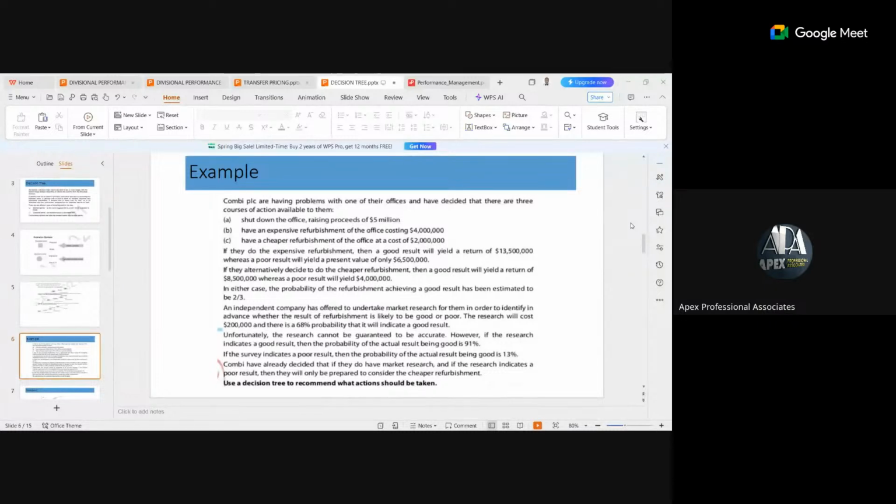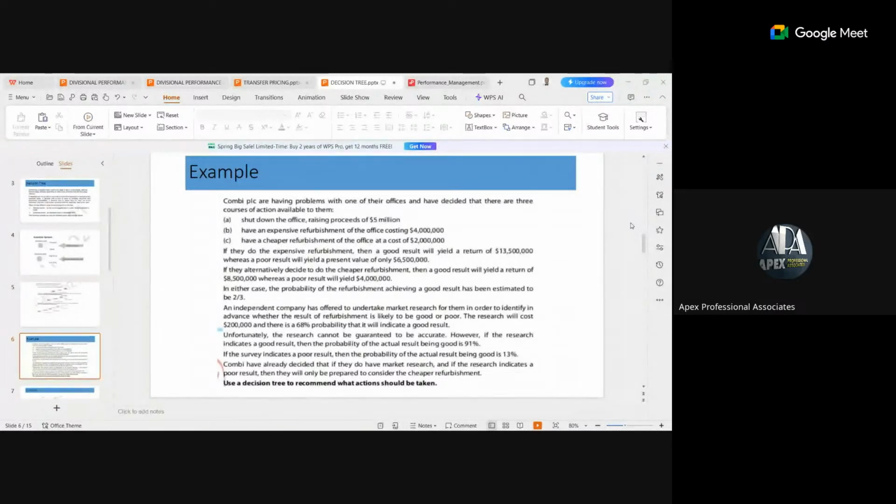It means from the market research, we have 2 chances: good results or bad results. So if the result happens to be good, that is, the chance is 68%, and the chance of it being bad is 32%.